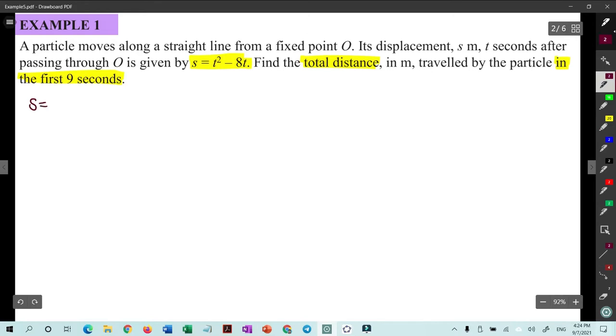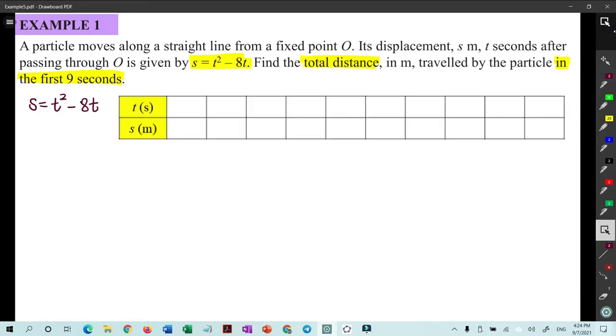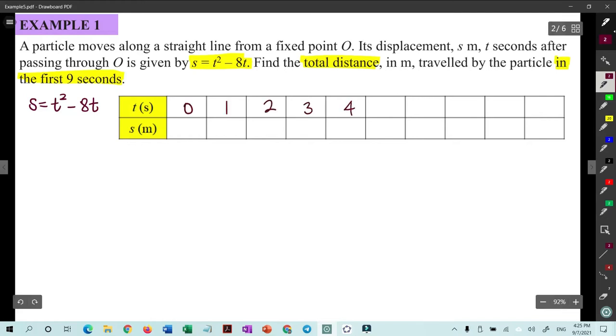s equals t square minus 8t. Let's build a table. So I'm going to tabulate the values of s and t. So the first value of t is 0, followed by 1, 2, 3, 4, 5, 6, 7, 8, 9.